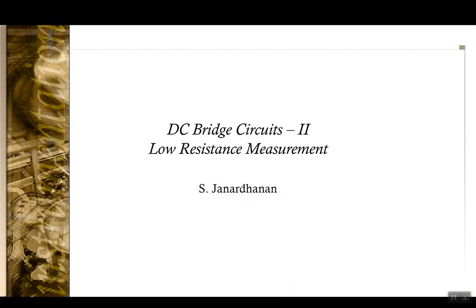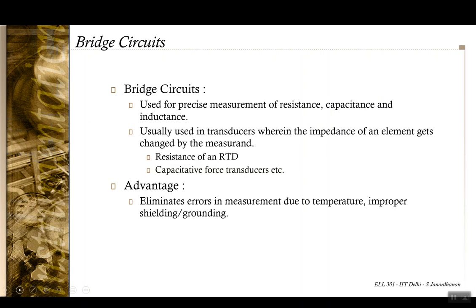Good morning. In the last class, we had been looking into bridges, most particularly DC bridges.